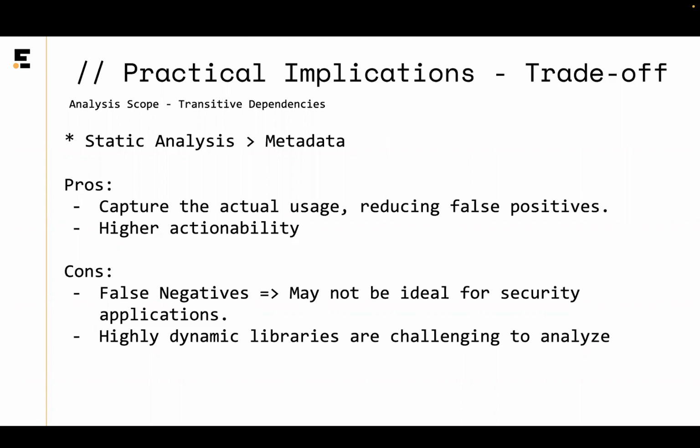This is both a theoretical and practical problem that is not easy to solve. Here you would miss certain function call edges, and if you're using certain libraries, that might be a problem. As I was saying, highly dynamic libraries are challenging in general to analyze from a static analysis point of view.